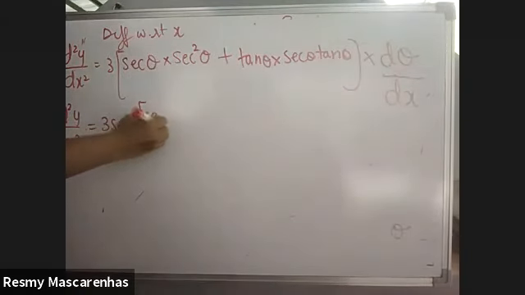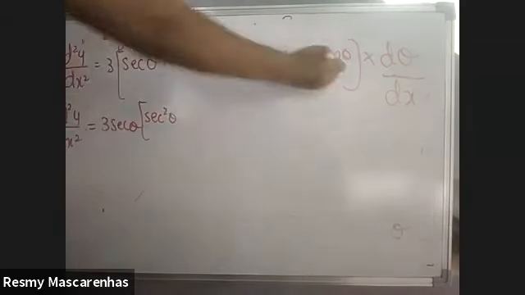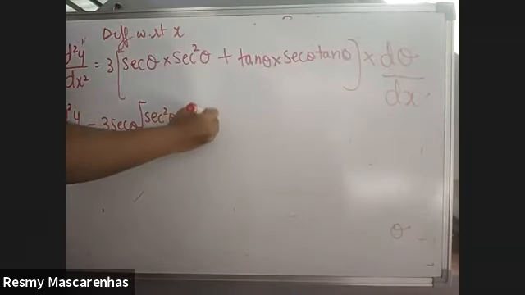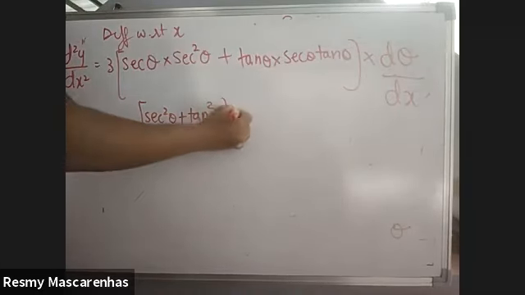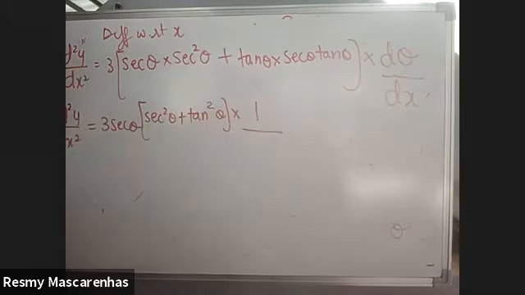So only sec square theta will remain, and here tan theta into tan theta will be tan square theta into 1 upon. Okay, so what was d theta upon dx? So that was sec theta tan theta, I think.